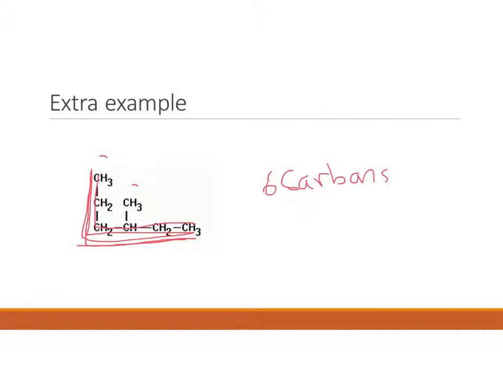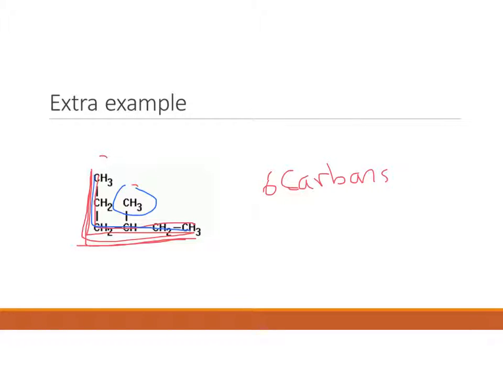And then we want to identify the substituents. So we only have 1 because this whole thing here is the parent chain. So just the 1 substituent. Then we have to number our carbons. So see if you can figure out what number that substituent is going to be assigned. So starting at one end or the other, what number would we assign that substituent?